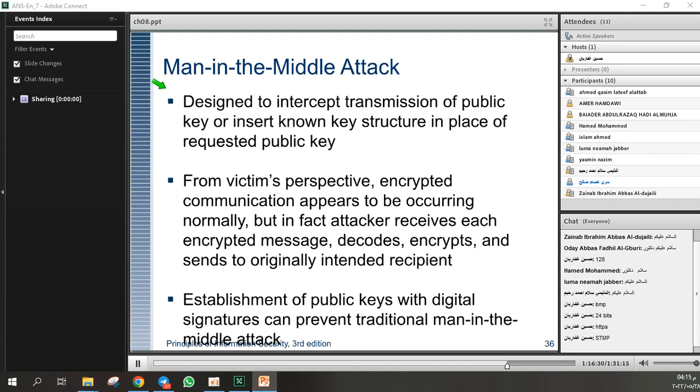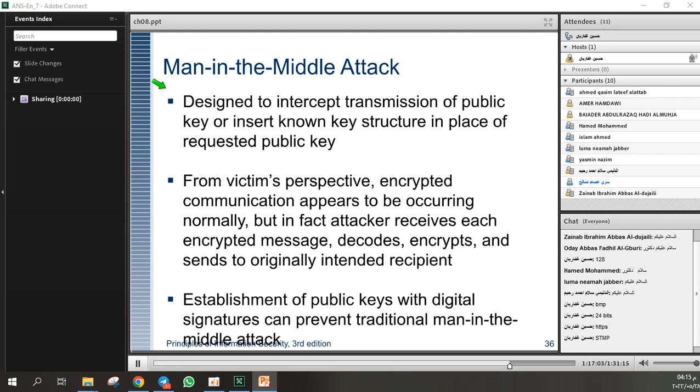But one of the best strategies against encryption is the man-in-the-middle attack. What is this? In this case, the intruder, the attacker, places themselves between the sender and receiver. For example, I'm starting to talk with Alice.